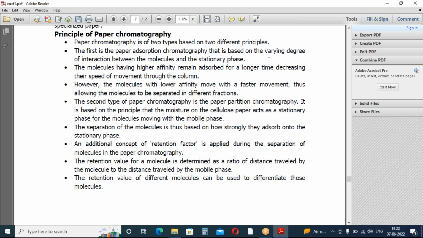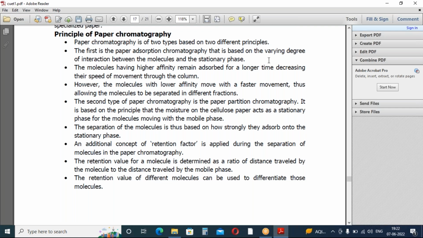Here we use Whatman filter paper, which causes the separation of the components based on their absorption power. How strongly the components are absorbed onto the stationary phase determines the separation of the mixture.